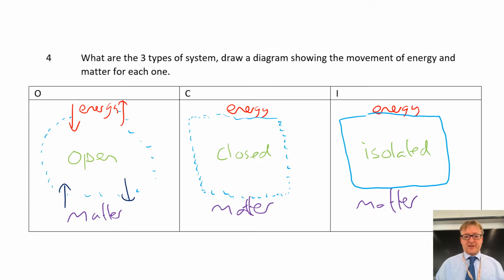I've used a different colour there. In a closed system, energy can go in and energy can go out, but matter can't go in and it can't get out. In an isolated system, energy can't get in and it can't get out, and matter can't get in and can't get out. So isolated means it's all the way on its own.